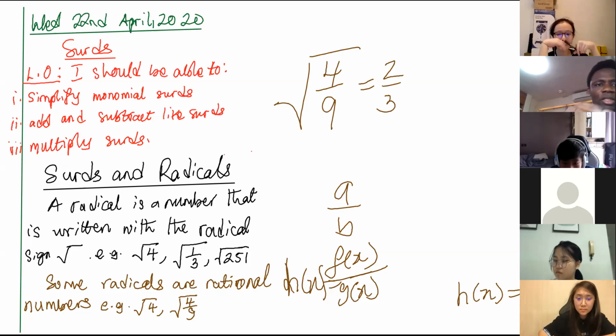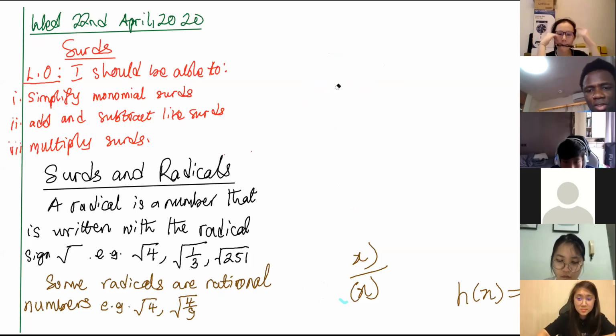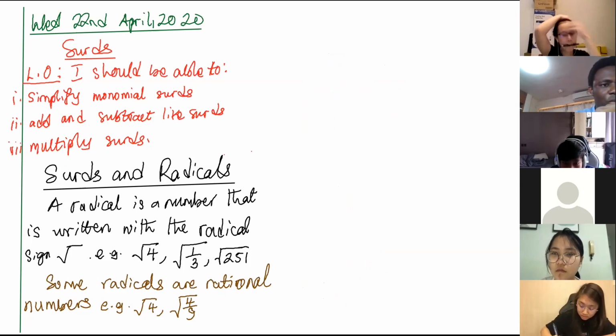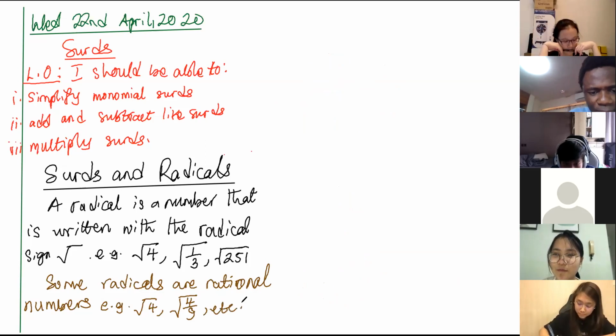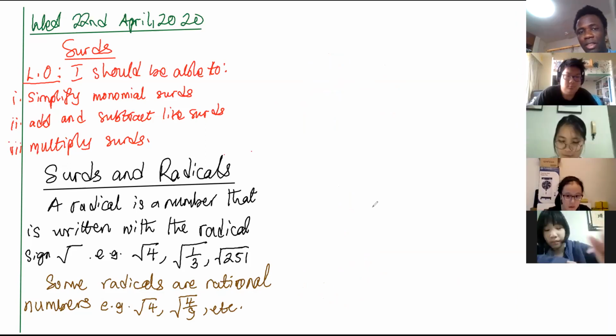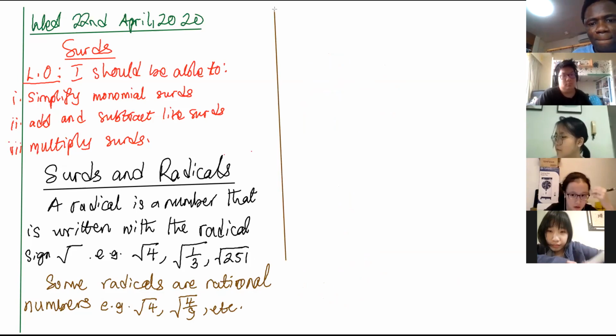All right, good. So because this would give us a rational number, then it is rational, of course. So some radicals are rational numbers, e.g. this and so on. Other radicals are irrational numbers. That's the next thing I'm going to write.